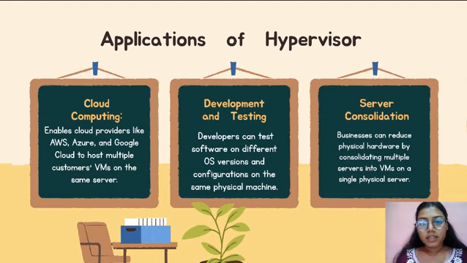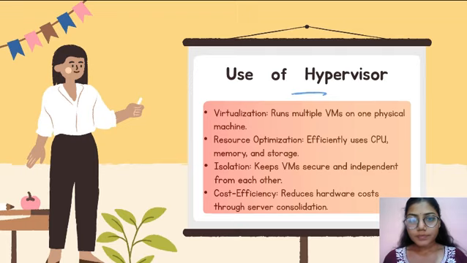Developers can test software on different operating system versions and configurations on the same physical machine. The third one is server consolidation. Businesses can reduce physical hardware by consolidating multiple servers into virtual machines on a single physical server.